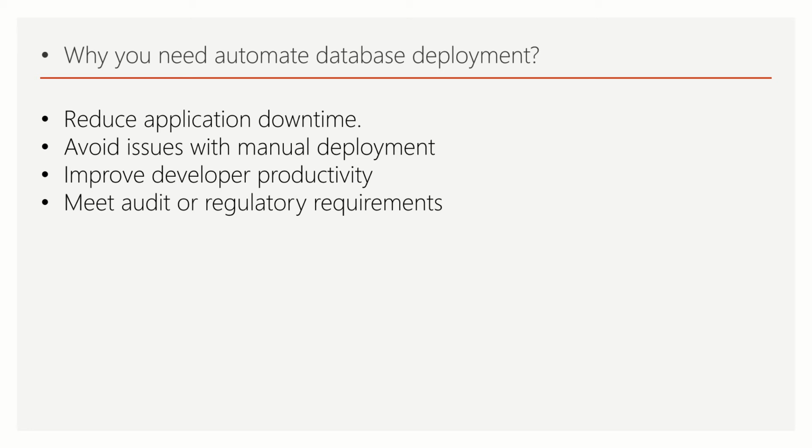Developer productivity won't be impacted because we are building a CI/CD system for application deployment, so it will be taken care of. Audit and regulatory requirements are also taken care of because no one is touching the production database for deployment. And since manual deployment is avoided, application downtime can also be reduced.